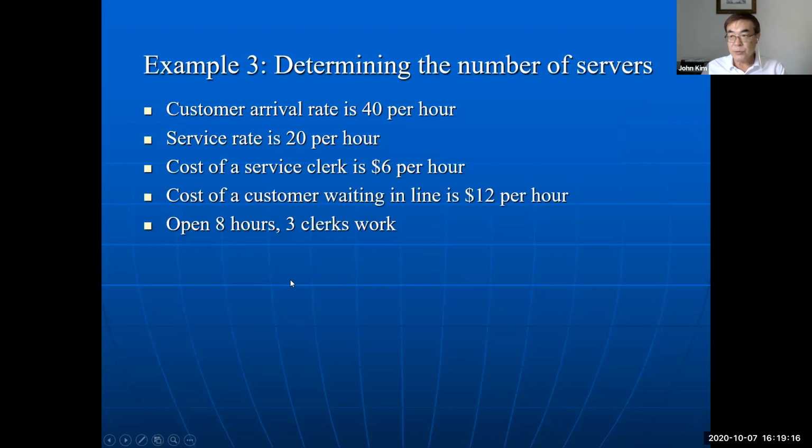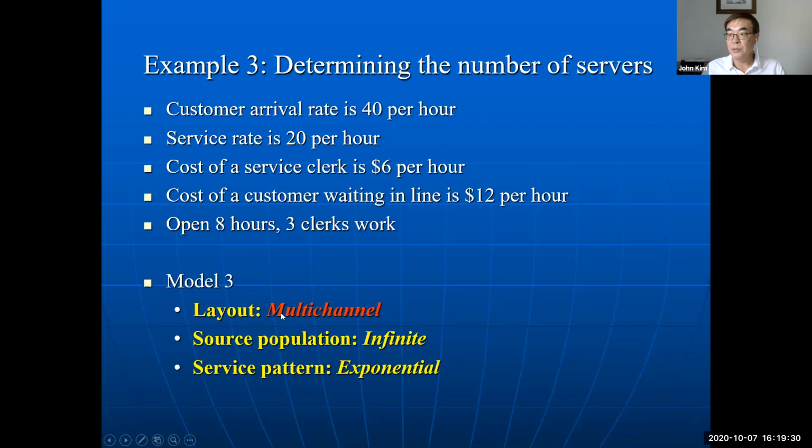And then model 3. If there are multiple waiting lines or channels, then we use model 3, multi-channel. 3 clerks now work, so 3 waiting lines or 3 channels. Customer arrival rate is 40 per hour, and the service rate is 20 per hour.